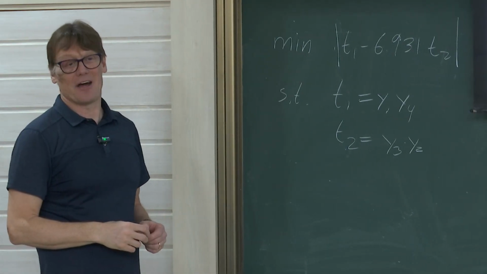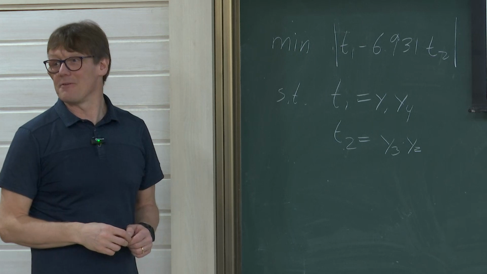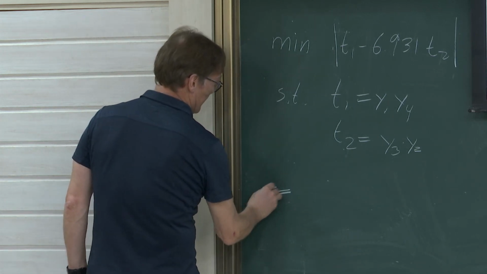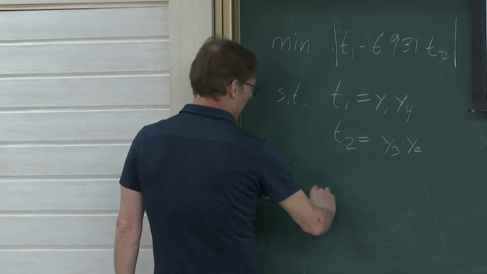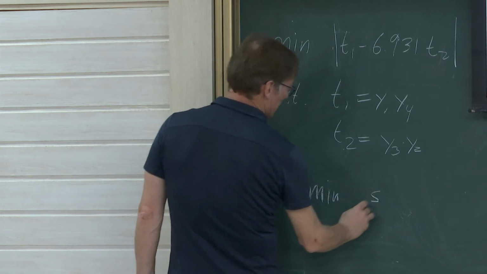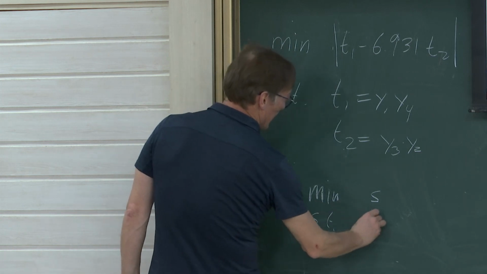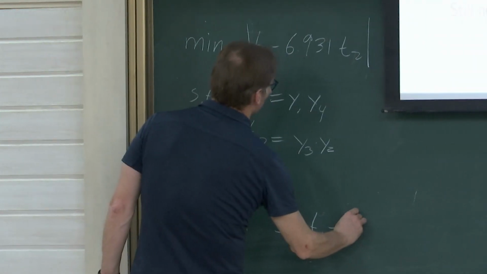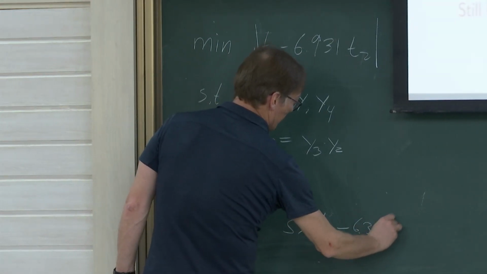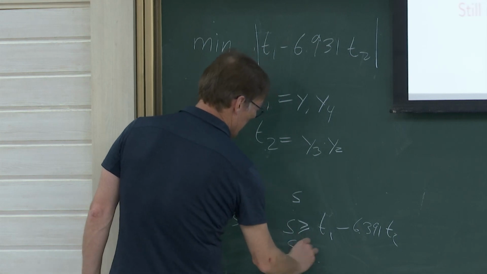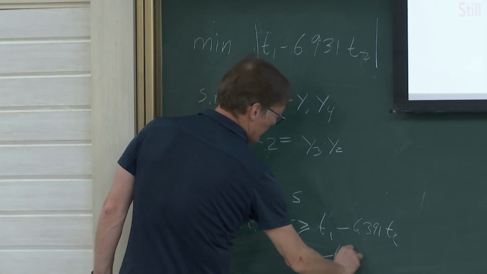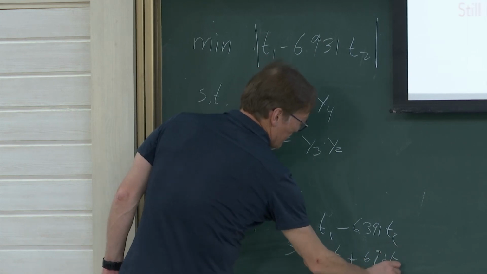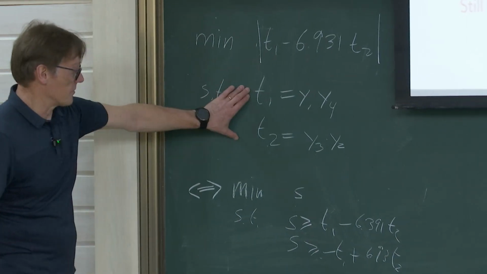This is now non-smooth, but we can rewrite that objective as minimize S subject to S greater or equal to T1 minus 6.931 T2 and S greater or equal to the negative of that expression, and then these other two constraints.